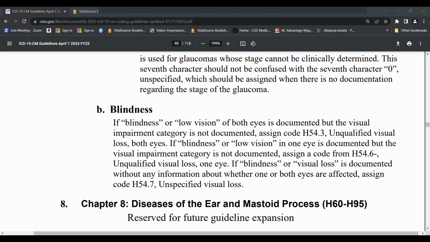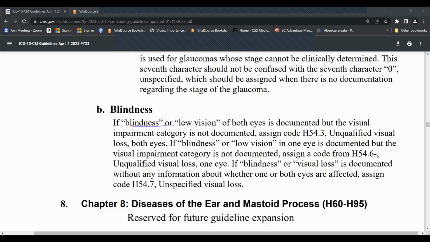So blindness and low vision, both eyes documented. You don't have the visual impairment category, that's H54.3. But if the blindness or low vision in one eye is documented, but you don't have that category for that one eye, H54.6. But if the blindness or visual loss is documented without any, you don't know which eye it is, you're going to go with unspecified, H54.7. So again, let's just take a look at the guidelines. What's the difference?